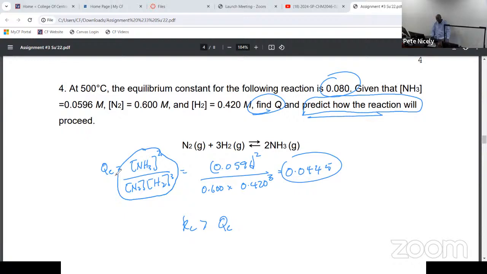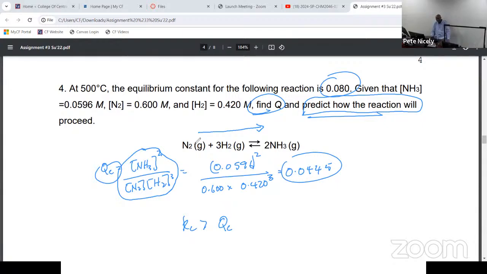How can you get this value here for QC to increase such that it becomes equal to KC? Okay, so the numerator would increase and the denominator would decrease, right? So that means that the concentration of ammonia would increase, which would be the product, and the concentration of the reactants would decrease. In other words, the equilibrium shift would be in that direction from left to right, based on the equation that is given.